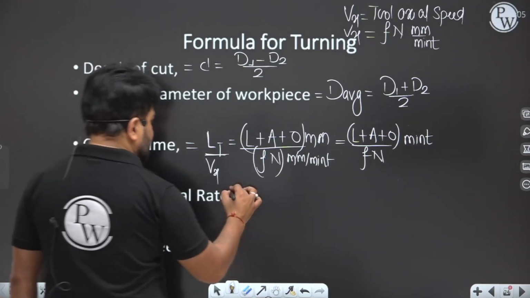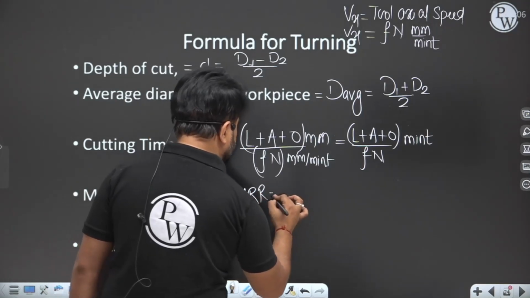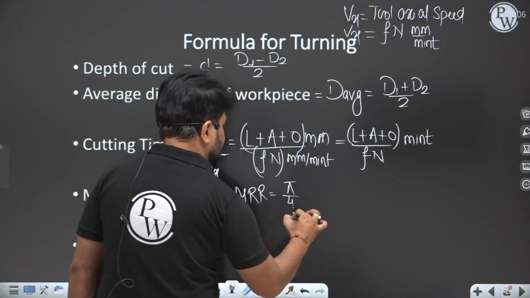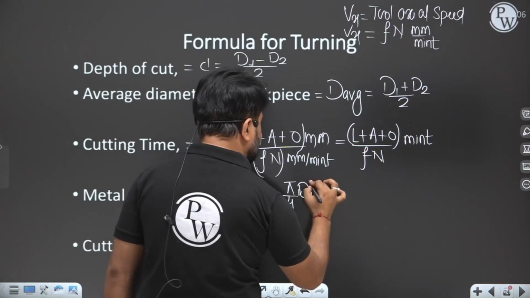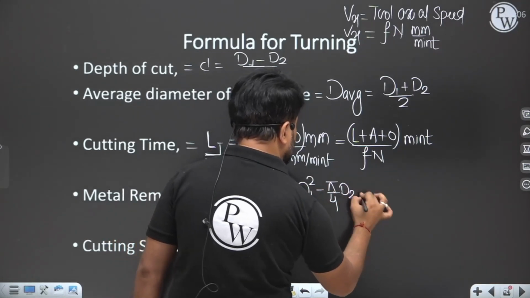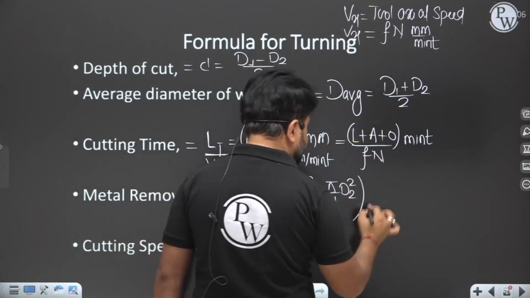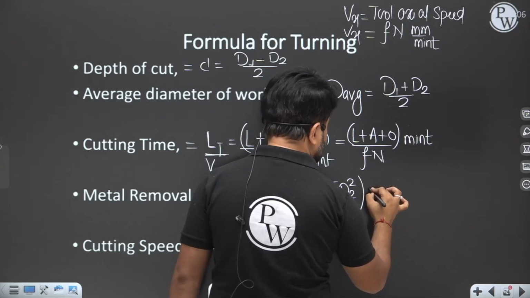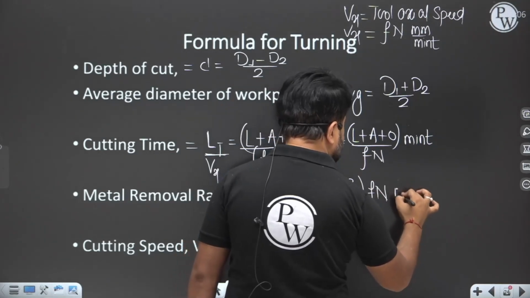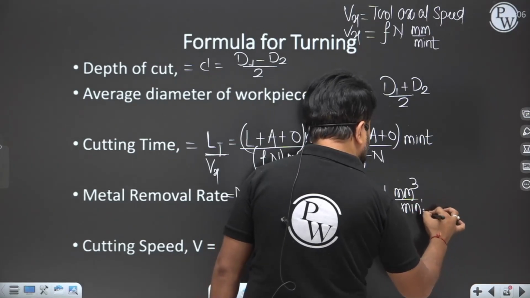Now material removal rate, that is MRR. It is pi by 4 D1 square minus pi by 4 D2 square, into the tool velocity, that is F into N. That much mm cube per minute will come.